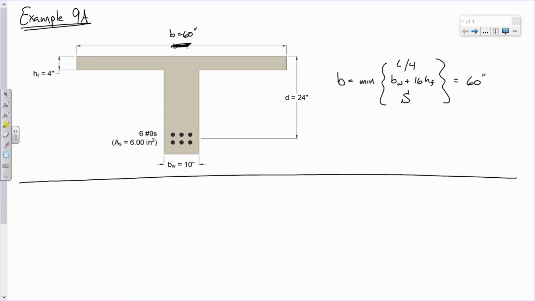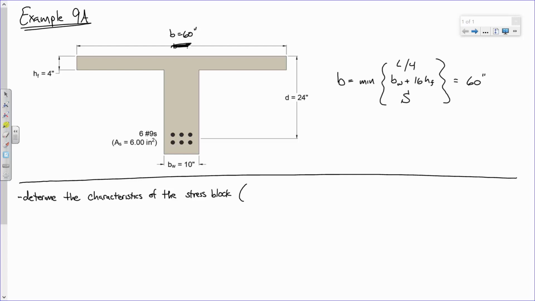Whenever you are analyzing a beam, the first thing that you need to do is determine the characteristics of the stress block.